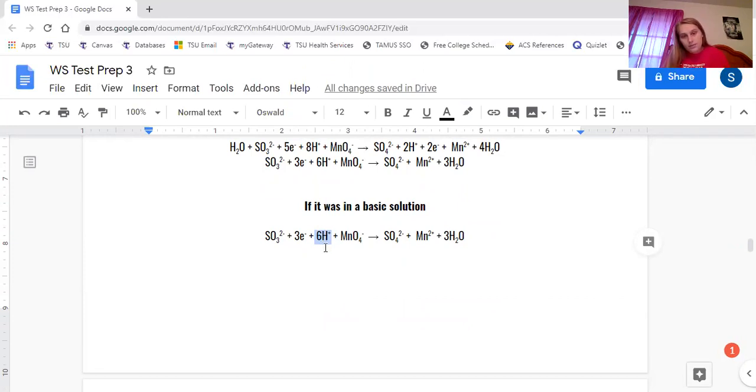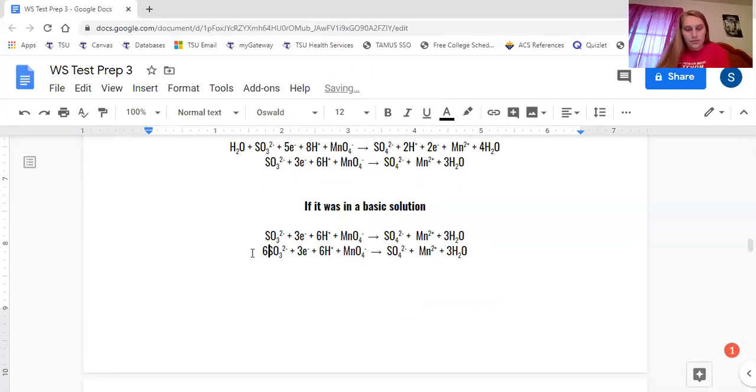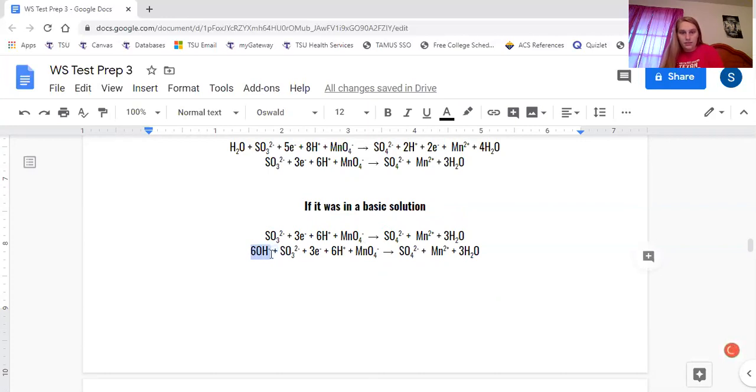So that means we would take this and add 6 OH minus to each side. Okay, so we're going to add that to this side and to the other side.